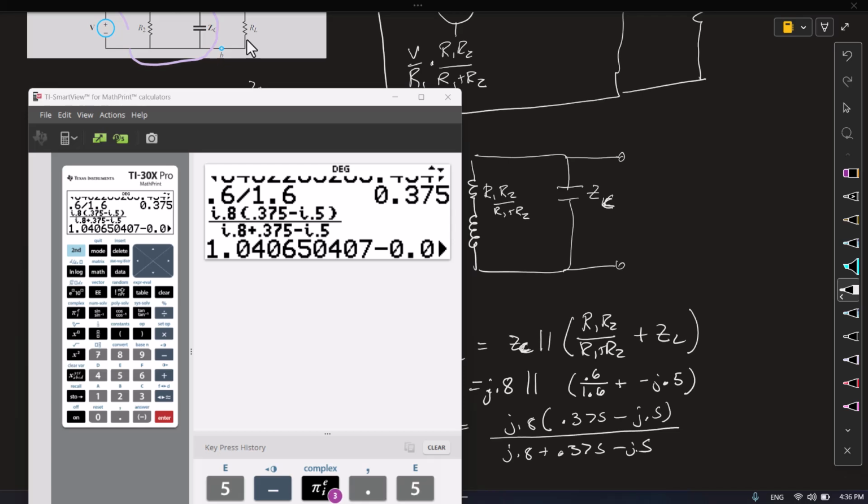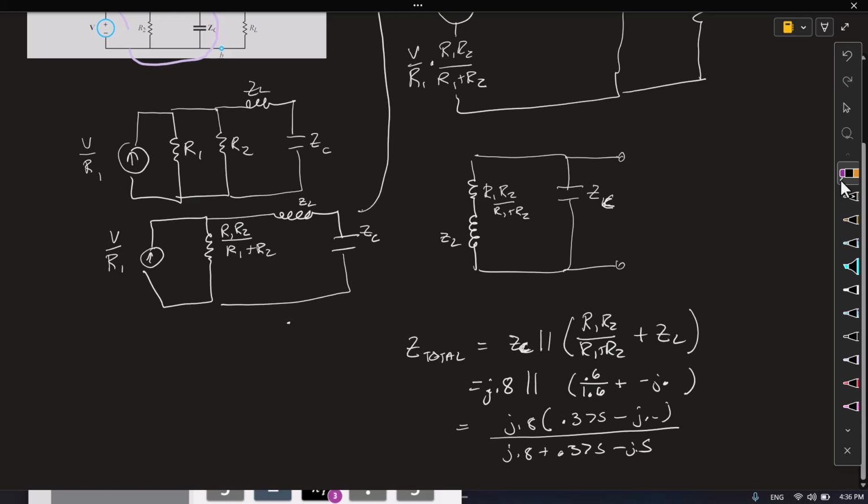So where I went wrong is I got my numbers for my capacitor and inductor backwards. Because I can't write a C or an L correctly. Well, I write them both the same. And of course, the capacitor should have the negative imaginary part.